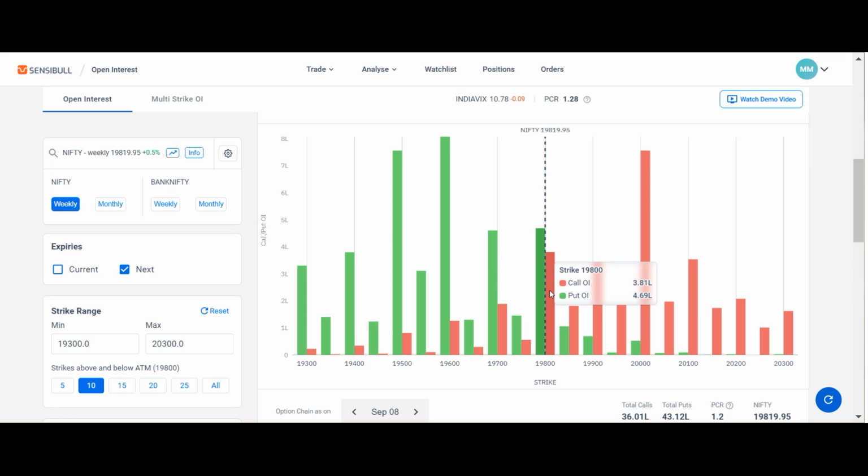Put writers and call writers are both sitting, but put writers are more. Considering that, we expect a flat or gap up opening. If there is a possibility of a gap down opening, then we have to see the data for the first half an hour.